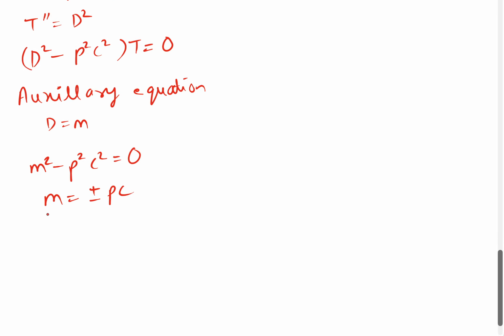So we already know, when we solve the differential equation, if the roots are real and distinct, then t will be equal to c1. I think 4 variables were already there. Let's take it c5 e raised to the power, what is our first root? pc.